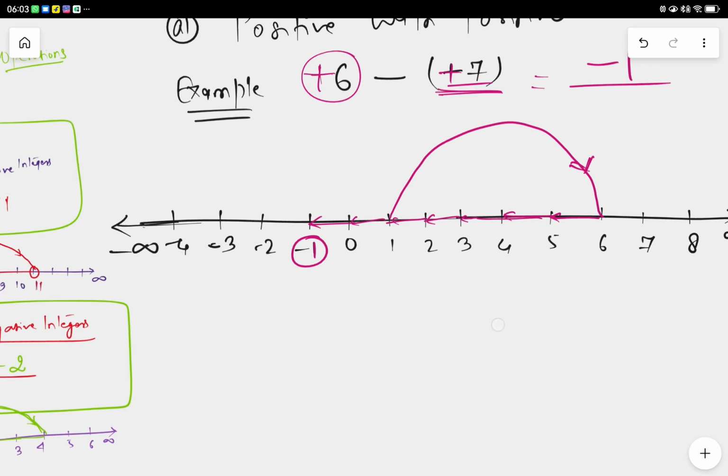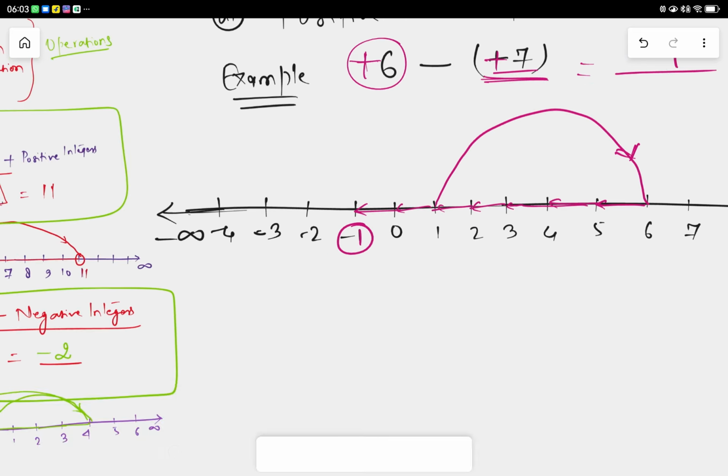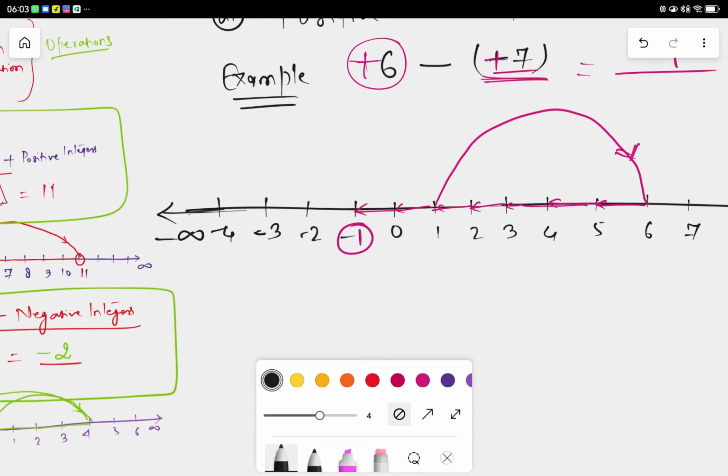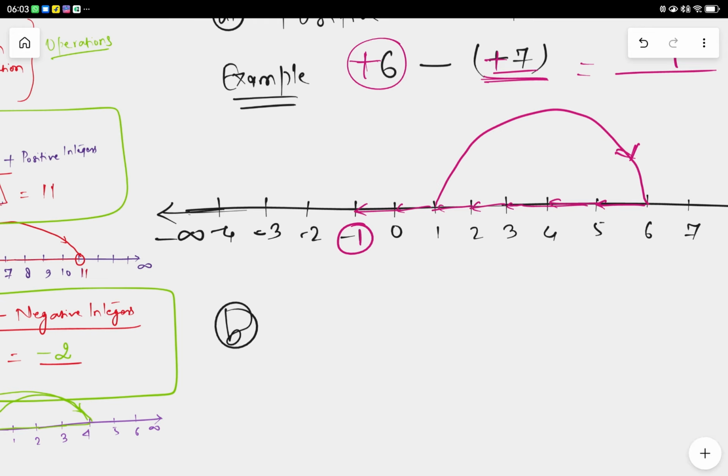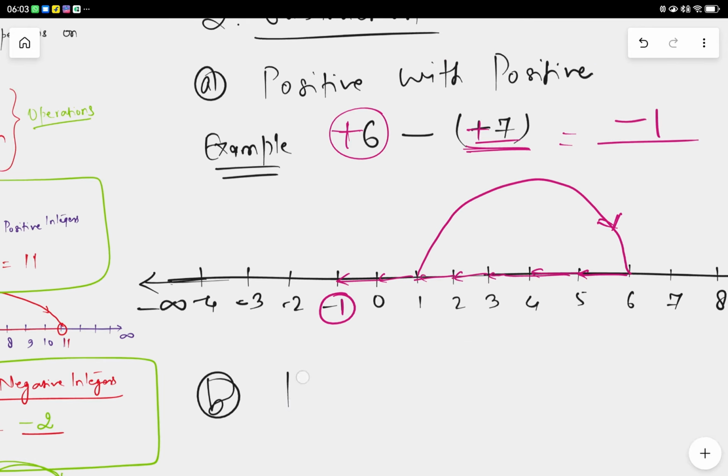Okay. Now the second case can be subtraction of a positive with a negative integer.